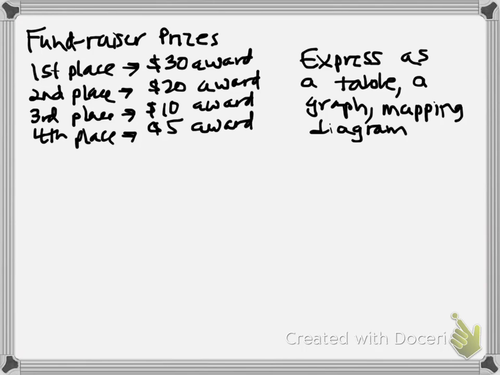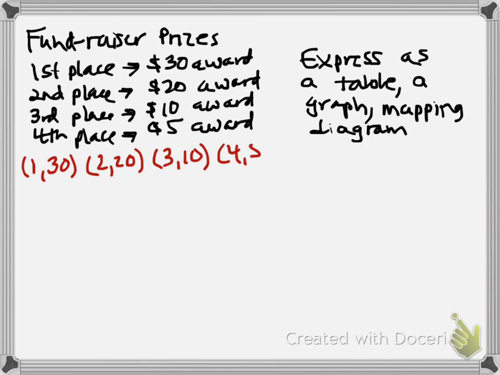And remember what they said to us as well, that we could take these first place through fourth place with the awards and write them as an ordered pair. So when we come in first place, you get a $30 award. If you come in second place, you get a $20 award. When you come in third place, you get a $10 award. And when you get fourth place, you get a $5 award.